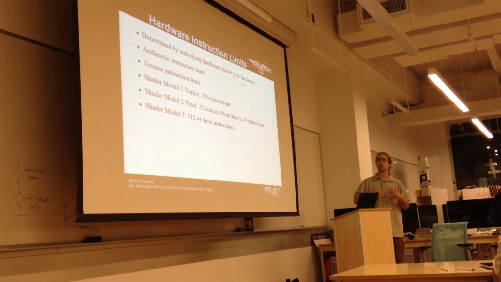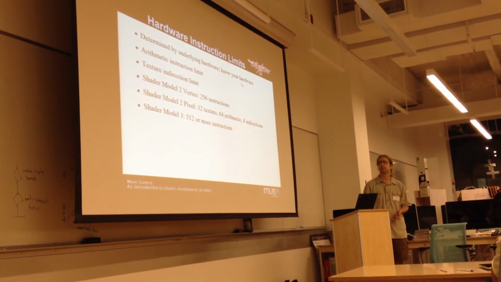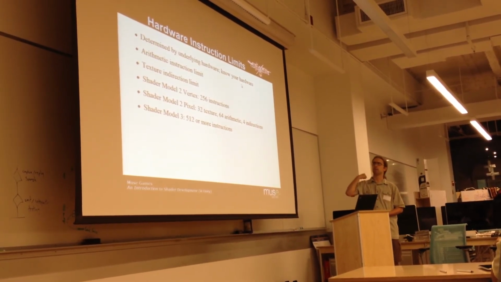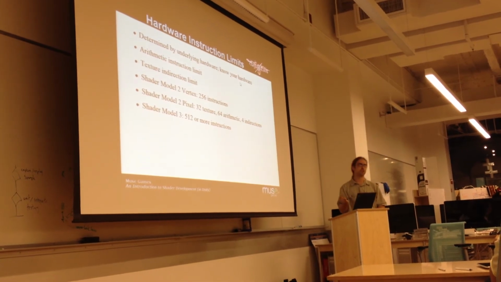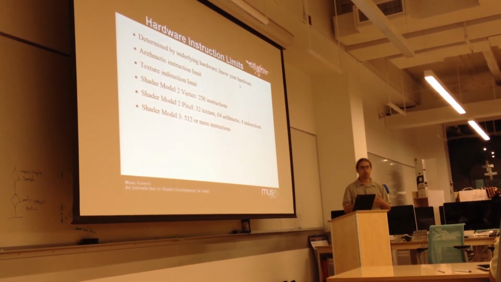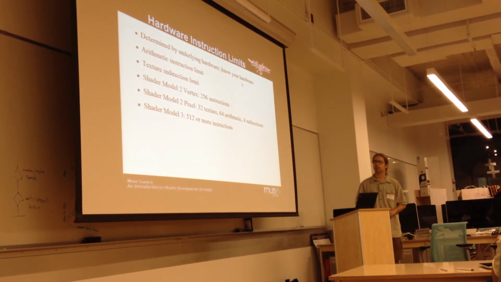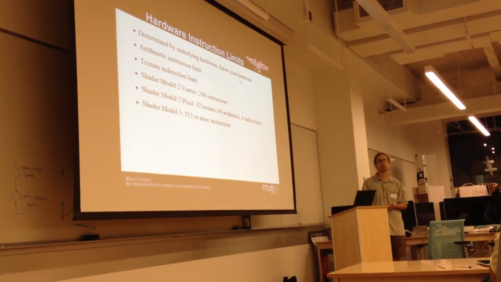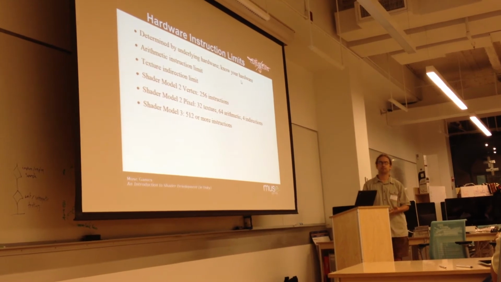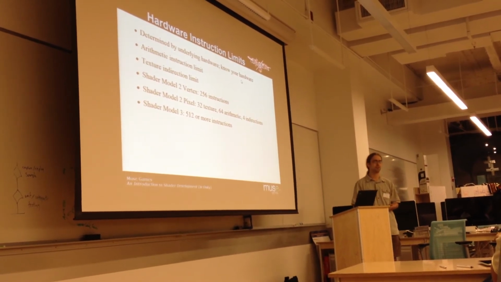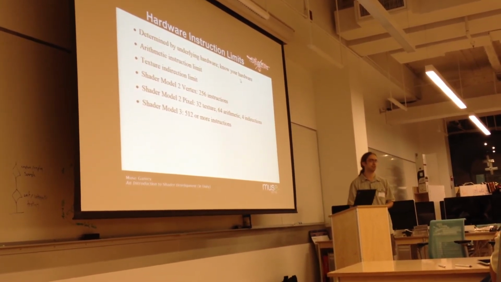In shader model 2, which is sort of the default that Unity works with, you can have 256 instructions in your vertex shader. It's a good number. You can do a lot with 256 arithmetic instructions. In your pixel shader, you can have 32 texture lookups and only 64 arithmetic instructions. This is an awkwardly tight budget to do anything fancy with.